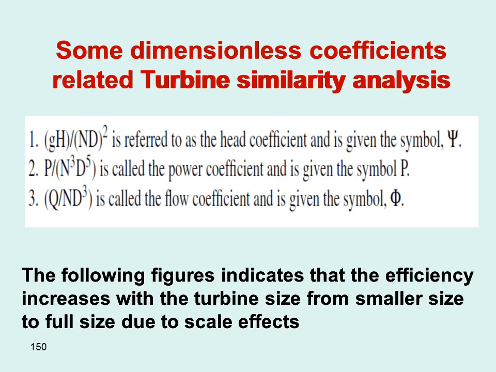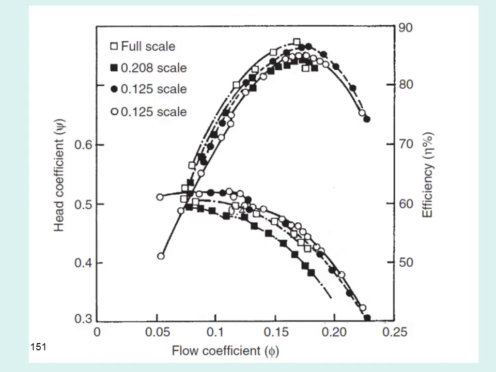We have a figure. The following figure indicates the effect of turbine size on the efficiency, which we call scale. Here, as we see, the efficiency curve and the head coefficient against flow coefficient. This means the head in dimensionless form against Q, and the efficiency.